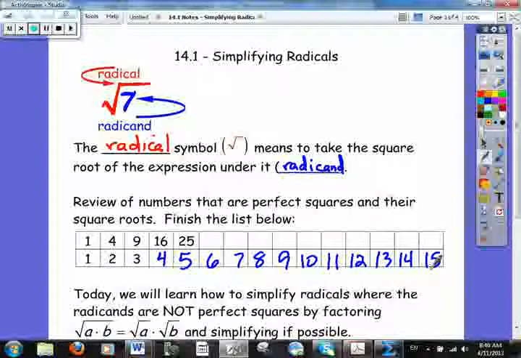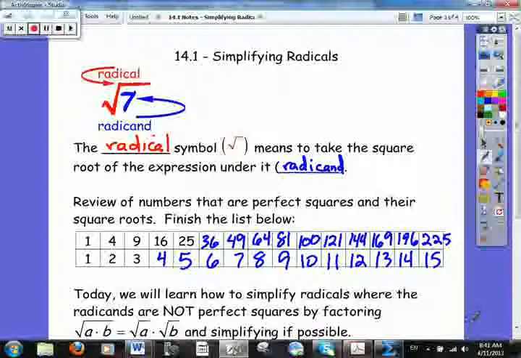Alright, so 6 is the square root of 36. 7 is the square root of 49. 64, 81, 100. Now this next one threw y'all when we were doing those little mini quizzes. 121, 144, 169, 196, and 225.